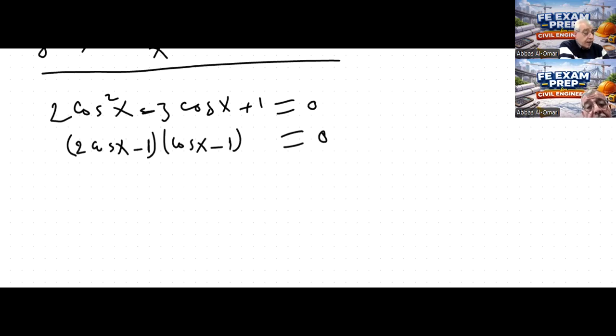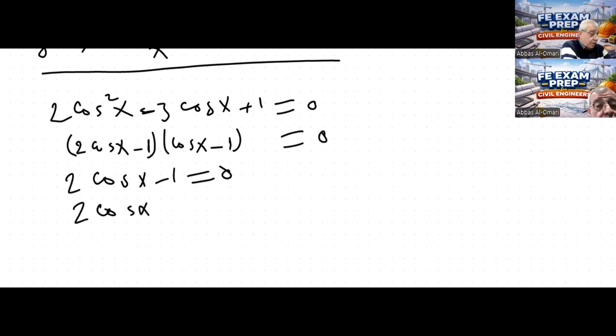So we have 2 cosine x minus 1 equal to 0. From this we find 2 cosine x equals 1, and cosine x equals half.